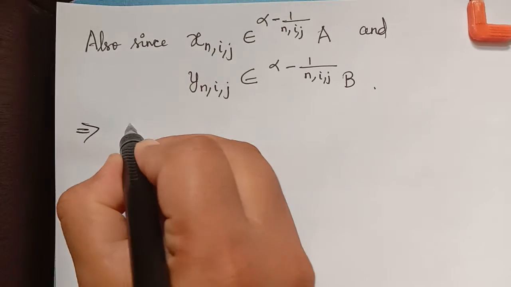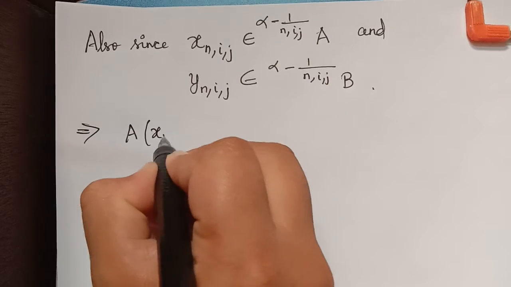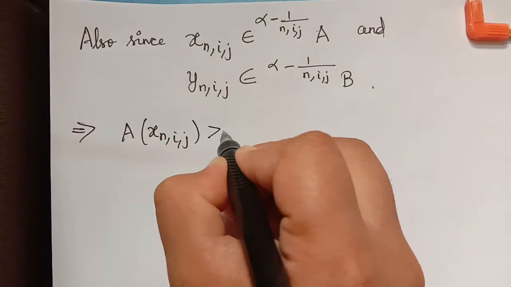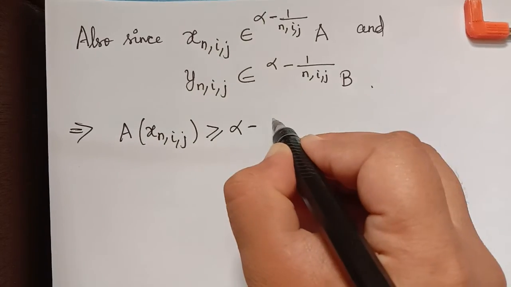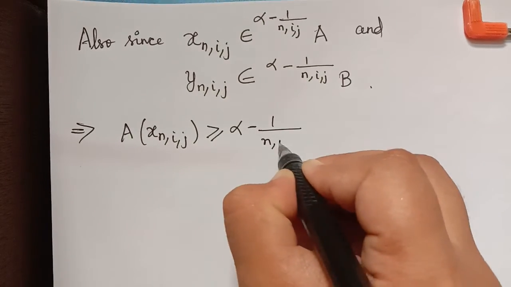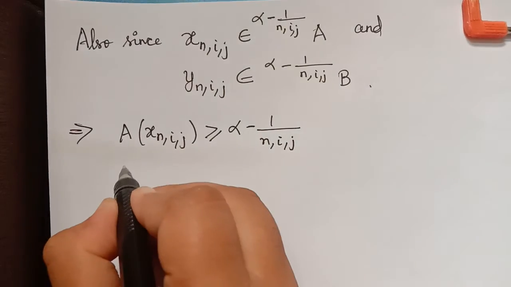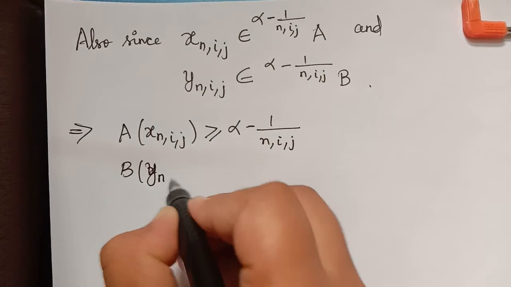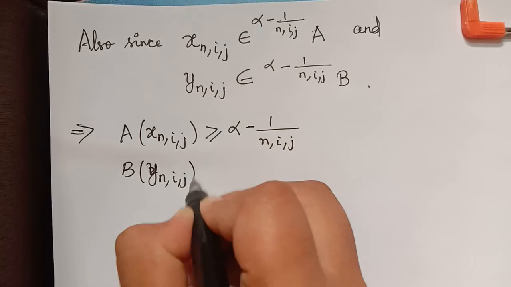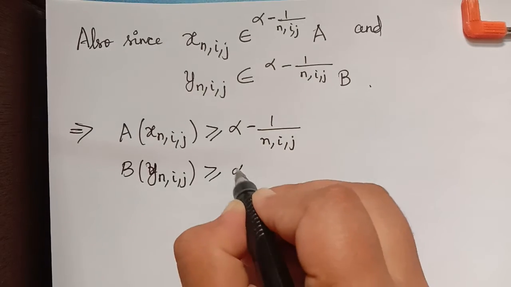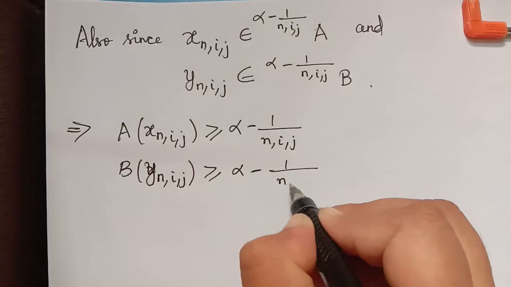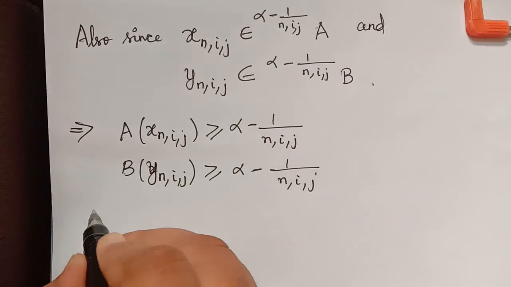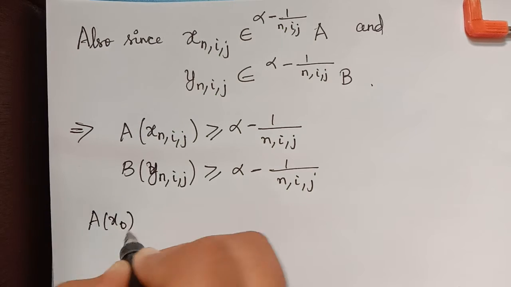So this implies that a of x n comma I comma j is greater than or equal to alpha minus 1 by n comma I comma j, and also b of y n comma I comma j will be greater than or equal to alpha minus 1 by n comma I comma j. And now we know that a of x0 is what?